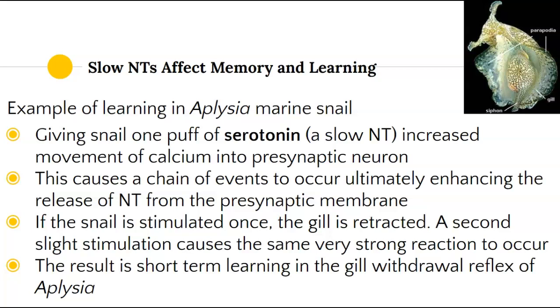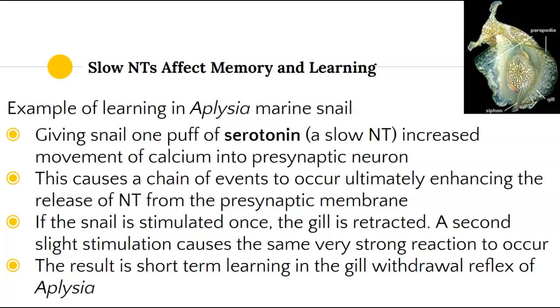It sends it to the membrane. So when we see this increase of calcium, it causes that chain of events to occur, and it ultimately increases the amount of neurotransmitters that are released from the presynaptic neuron. So if the snail is stimulated once, it gets one puff of serotonin, the gill is retracted.